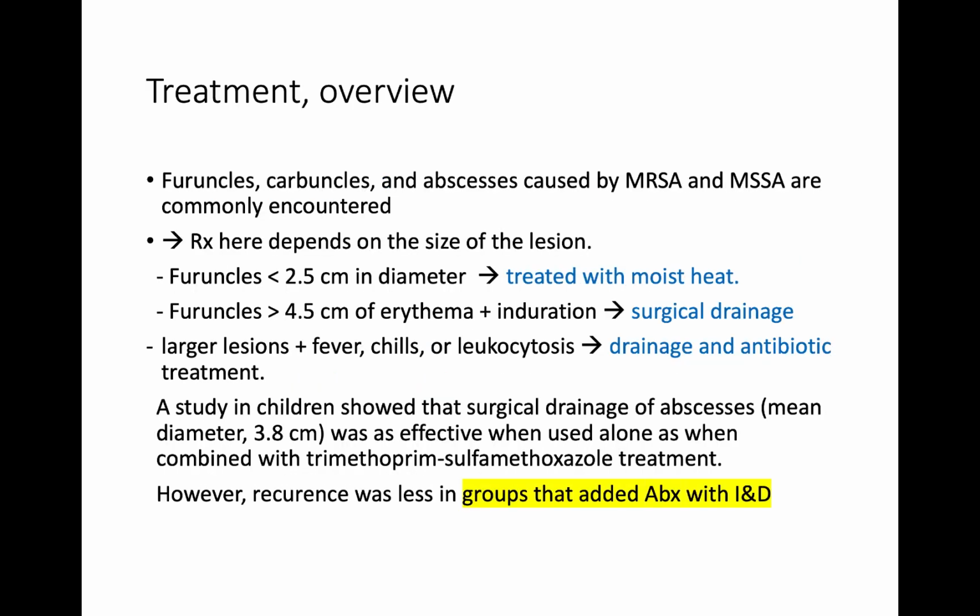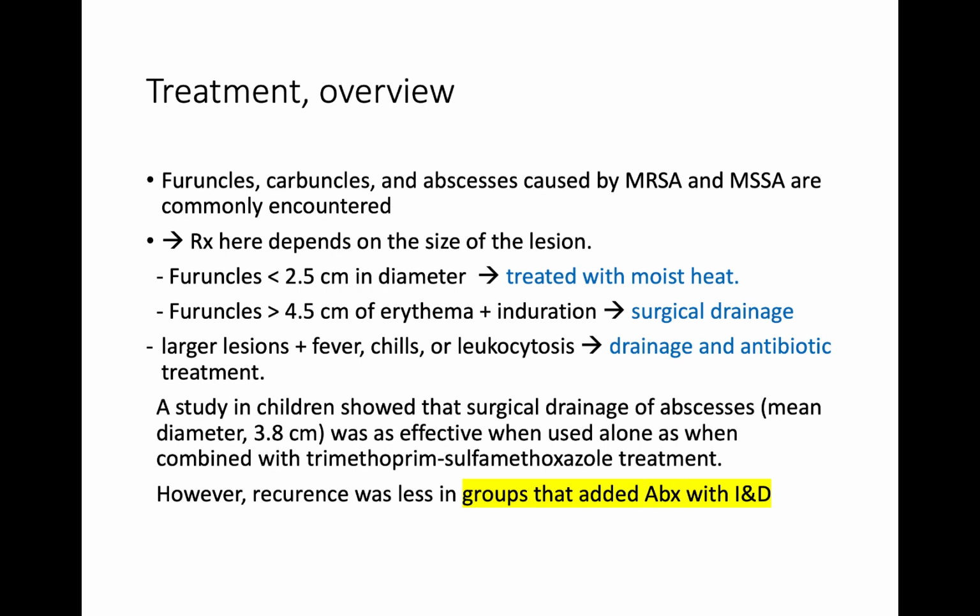Treatment overview. So furuncles, carbuncles, abscesses caused by MRSA and sensitive strains are commonly encountered. Again, a treatment here, you can مثلا furuncle can treat with moist heat. إذا كان كبير مثلا surgical drainage. Drainage antibiotic إذا كان larger and larger with systemic problem. So مثلا study where it shows children who showed that surgical drainage of abscesses was as effective when used alone as when combined with antimicrobial therapy.